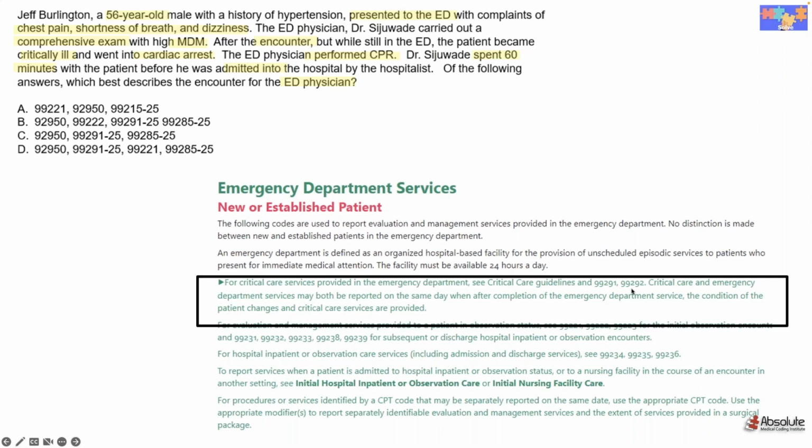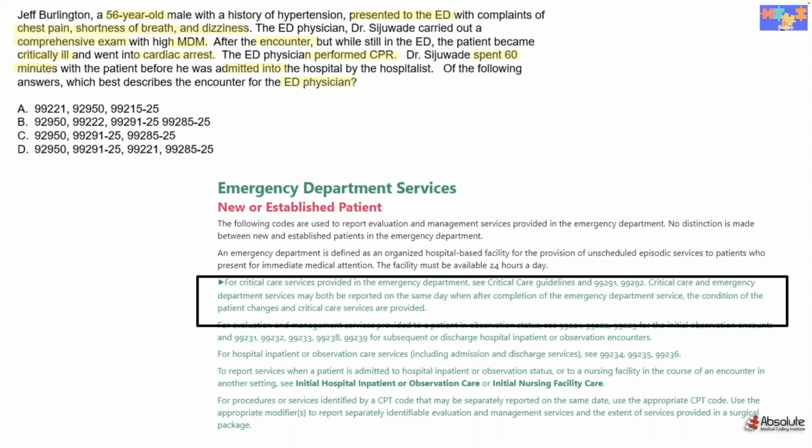So generally, if it's carried out in the ED, just code it as critical care. However, critical care and emergency department services may both be reported on the same day when, after completion of the emergency department service, the condition of the patient changes and critical care services are provided.